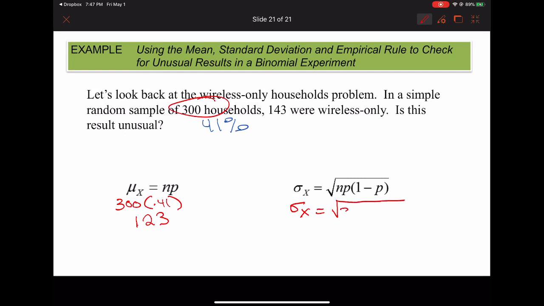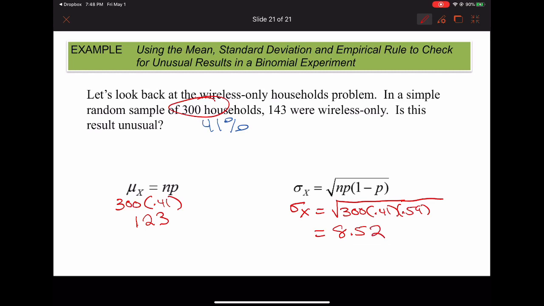I would do 300 times 0.41 times 0.59, and then take the square root of that. I got approximately 8.52 as my standard deviation.